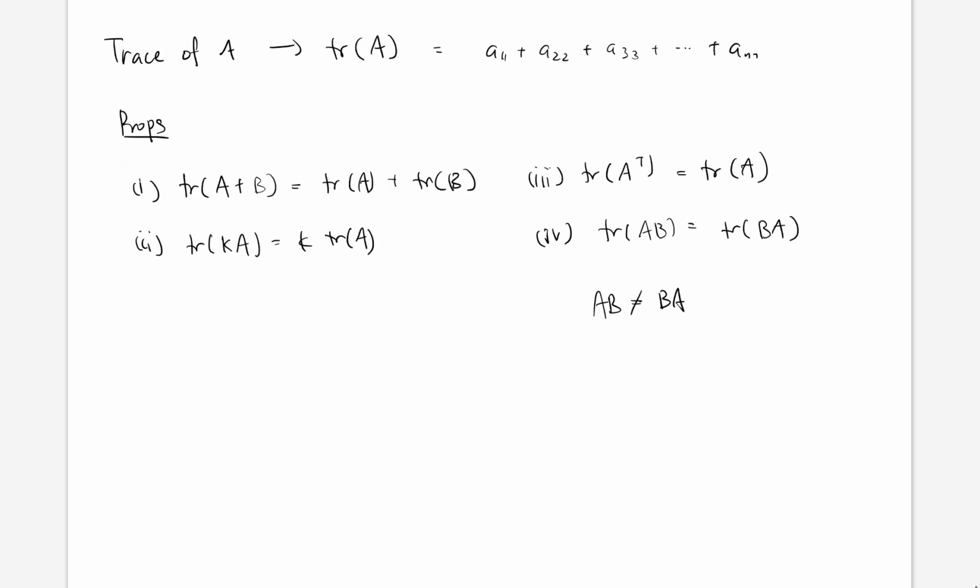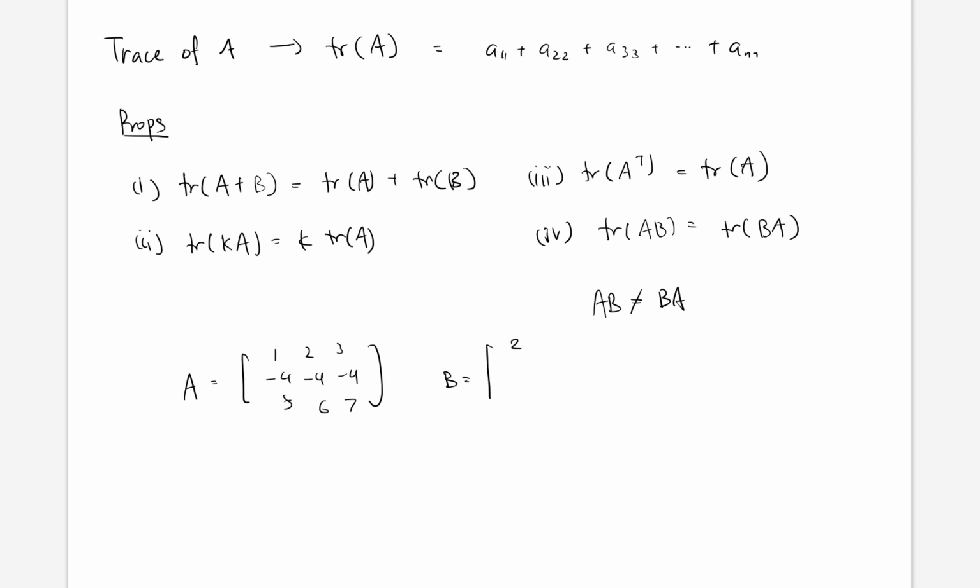Let's take some concrete examples. So if you have some matrix A, it looks like this. 1, 2, 3, minus 4, minus 4, minus 4. Yeah, sure. 5, 6, 7. And B, it looks like this. 2, minus 5, 1, 0, 3, minus 2, 1, 2, minus 4.